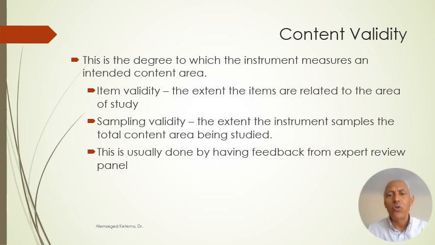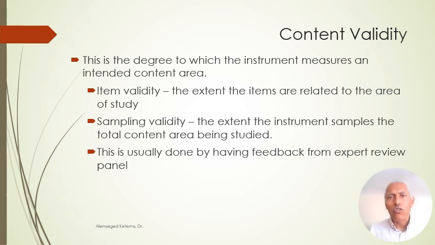This is usually done for you by an expert in the area. Once you have designed your questions, you take them to an expert in the field and ask, do you think I have adequately addressed all areas of the study? That person can give you ideas. Maybe you missed a little on this one or that one, and you can adjust it. So this is sampling validity.